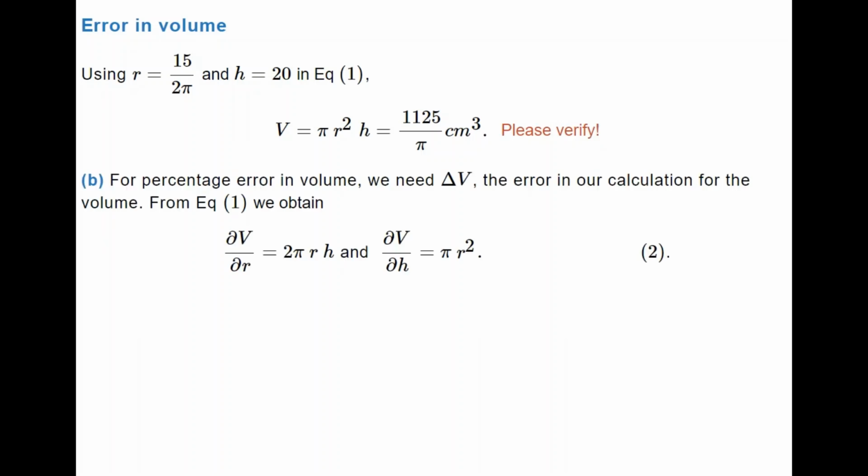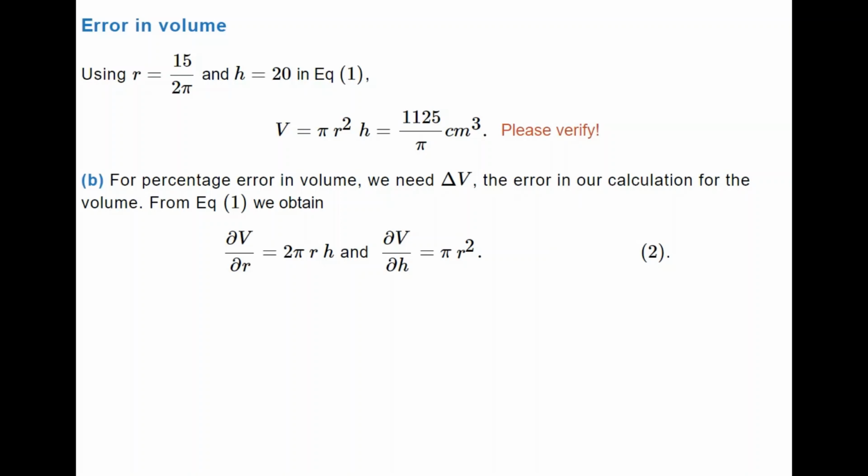In part B, we know that to find the percentage error in volume, we first need the error in volume. And for that, we need the partial derivatives of V with respect to R and H that you can see in equation 2.